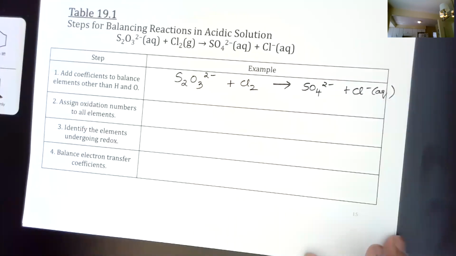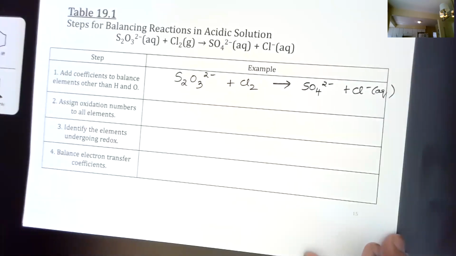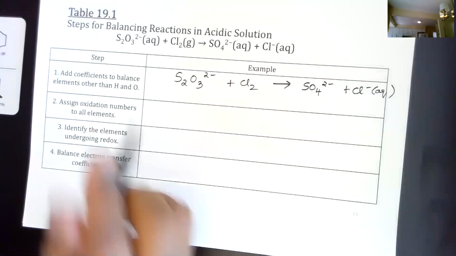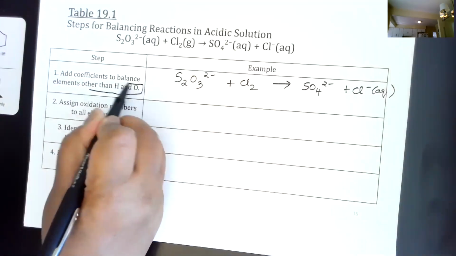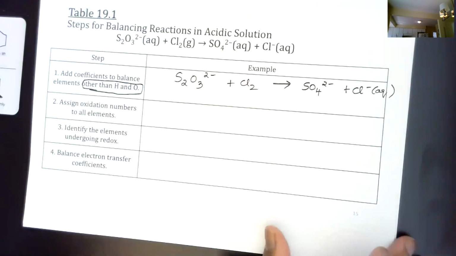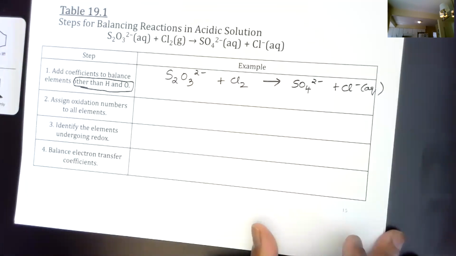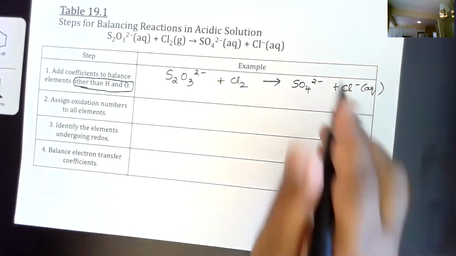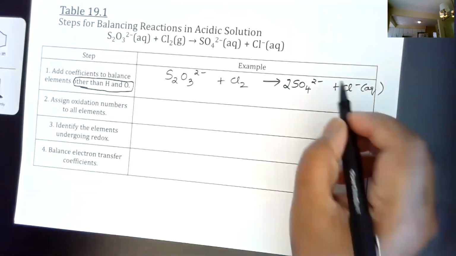Now, it says add coefficients to balance all the elements but hydrogen and oxygen. There's no hydrogen here yet, but there's oxygen. So let's balance the sulfur and the chlorine.